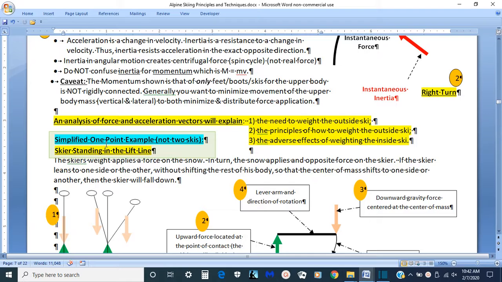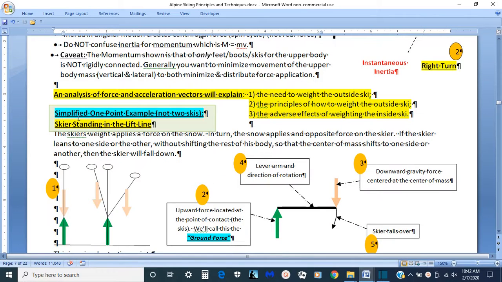I want to start with a simplified one-point example. So you have just one point touching the ground. Instead of two feet, two skis, we're going to imagine there's only one point to make it easier to understand. We'll start off with a skier standing in the lift line.